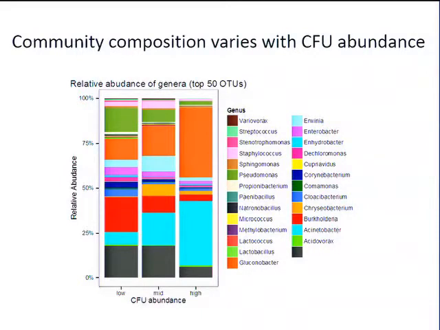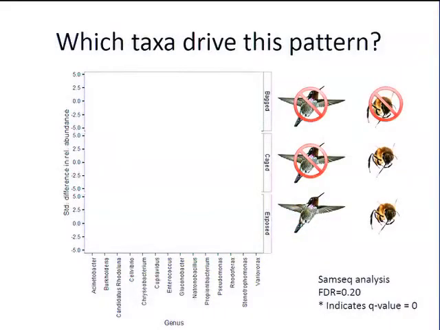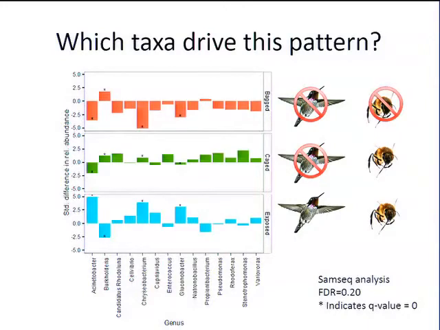And to actually do a statistical test to see whether these particular taxa are driving this pattern, we used an analysis of differential expression, or in this case, differential OTU abundance among the 3 different treatments. And here, if the bar is above the 0 line, it means that that particular taxon was more abundant in that treatment.